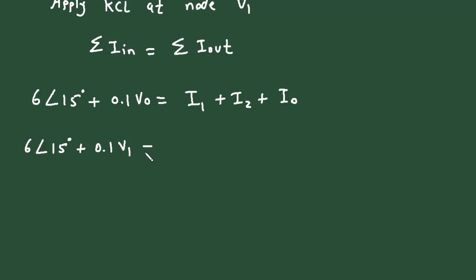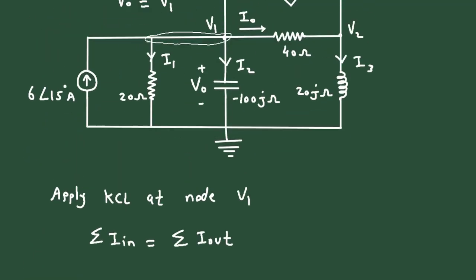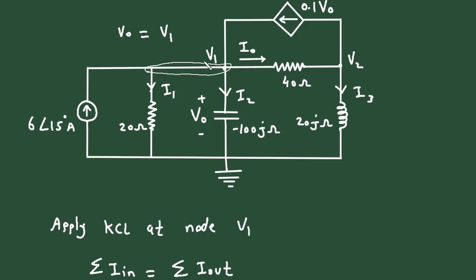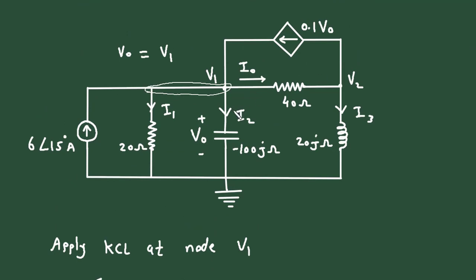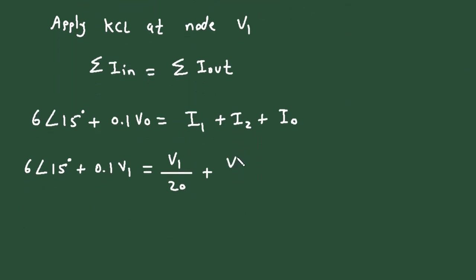Then is equal to, now this I1 in voltage form will be (V1 minus 0) divided by 20, then plus I2. So I2 will be (V1 minus 0) divided by minus 100j.